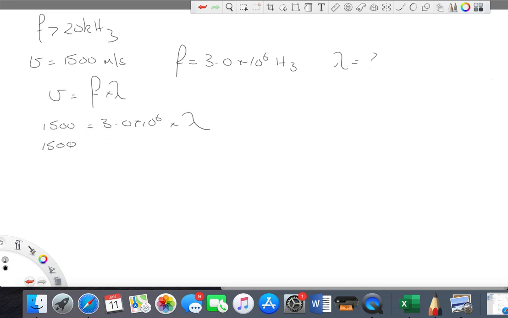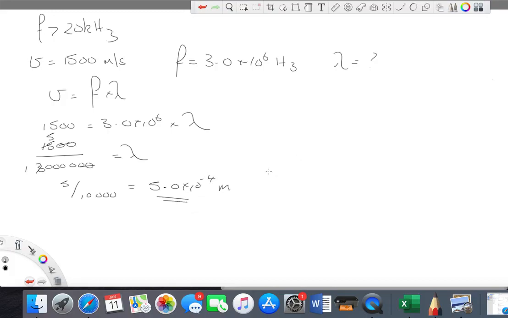So 1500 divided by 3 million is the wavelength. So that goes in there once, that goes in there 5 times, a couple of zeros off the end there. That is 5 divided by 10,000, which is 5 times 10 to the minus 4 meters.